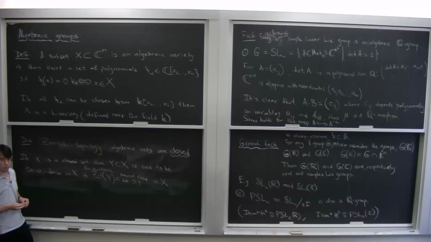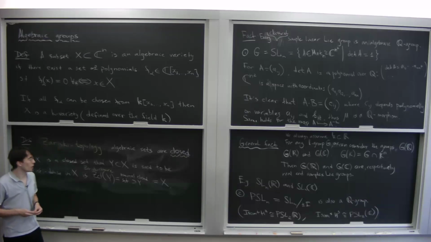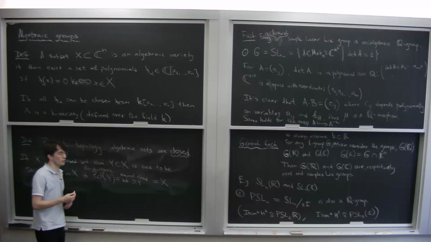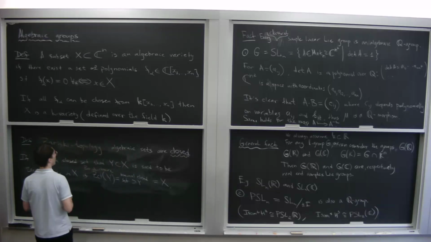So you have as few closed sets as possible. In fact, exactly the algebraic sets are closed. It's defined by the fact that algebraic sets are closed, and it's important that it's the minimal topology satisfying that fact.